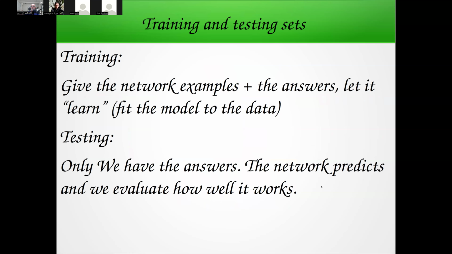Okay. How do we fit those parameters to a model? We need a training step, this learning step. We give lots of examples to the model, the data together with the correct answer. In our image classification example, we give lots of images together with the code of the species that belongs to each image.